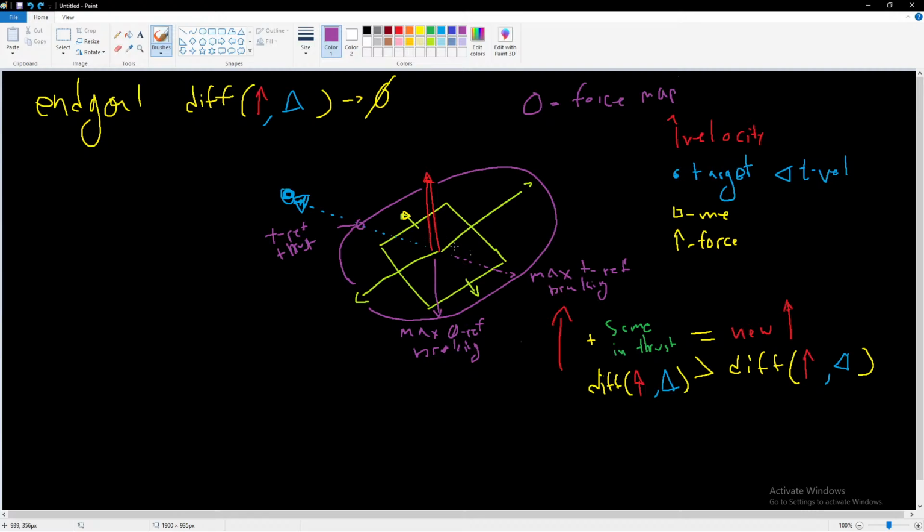Well, okay, at 0 here, okay. Yeah, because we can, if we add our negative velocity, because we're subtracting our velocity.